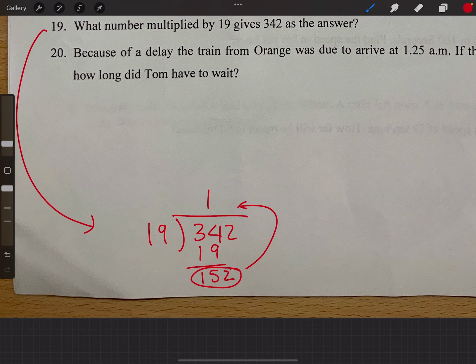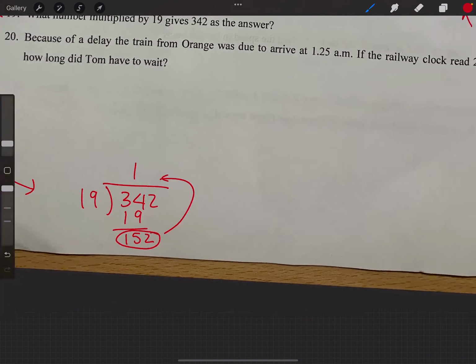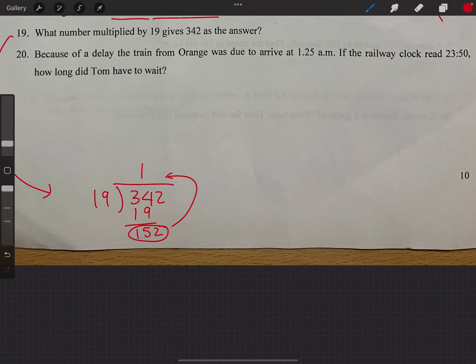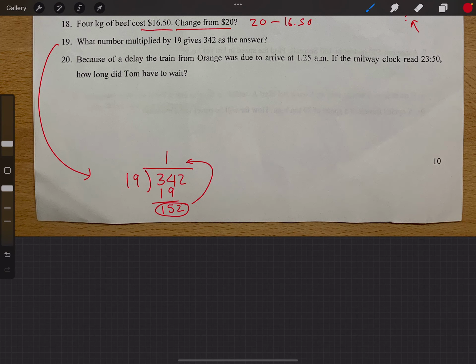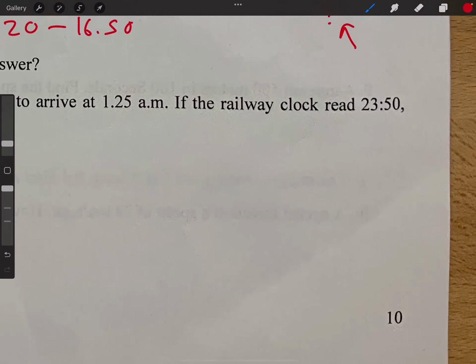Question 20. Because of the delay, the train from Orange was due to arrive at 1:25 a.m. If the railway clock reads 23:50, how long did Tom have to wait? Okay, so this one here is 12 hours and this is 24 hours. So let's change them both into 12 hours.